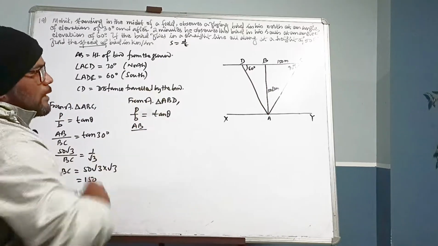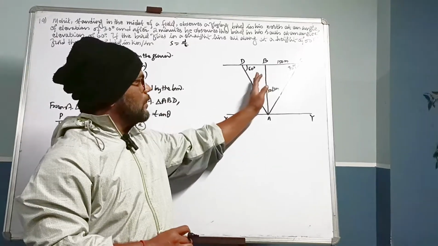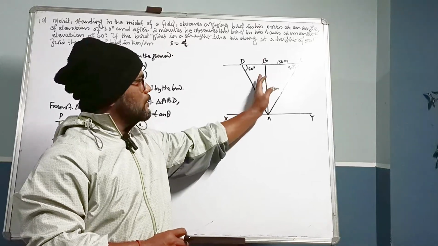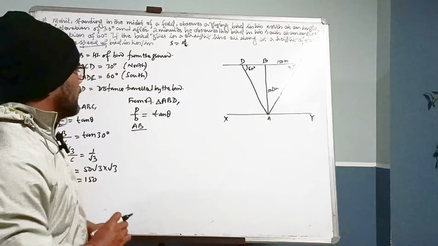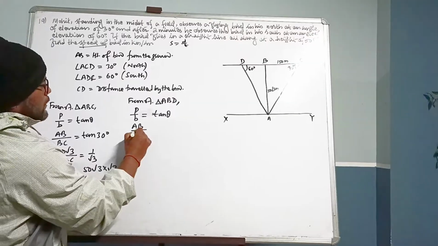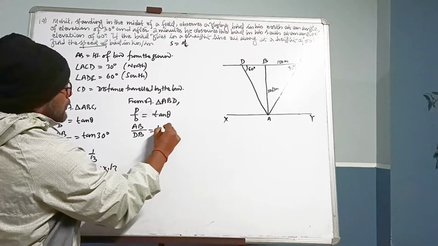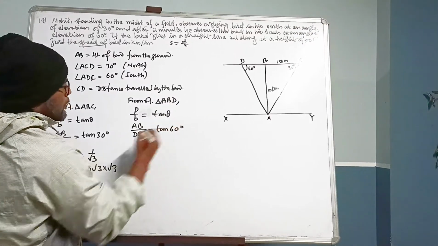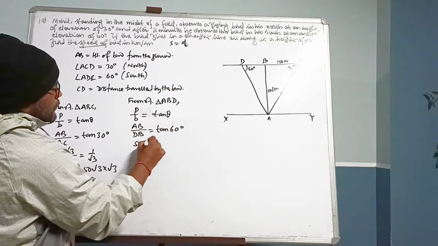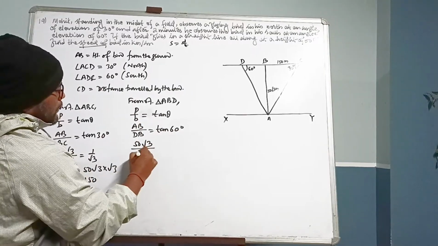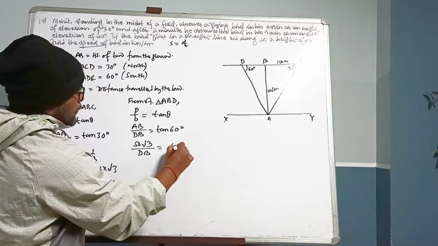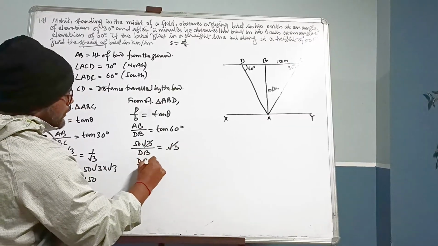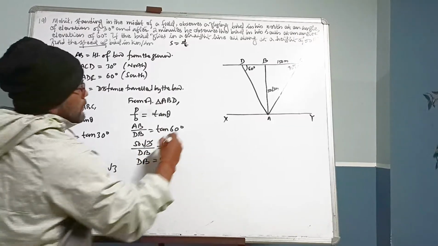That means both the triangles, first triangle and second triangle, have common perpendicular. So base is your DB, tan 60 degree. Clear? So value of AB 50 root 3, value of DB you are supposed to find. Okay, so DB equals to how much? 50 meter.